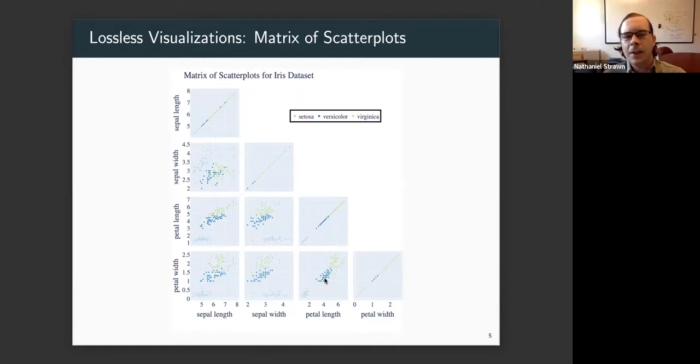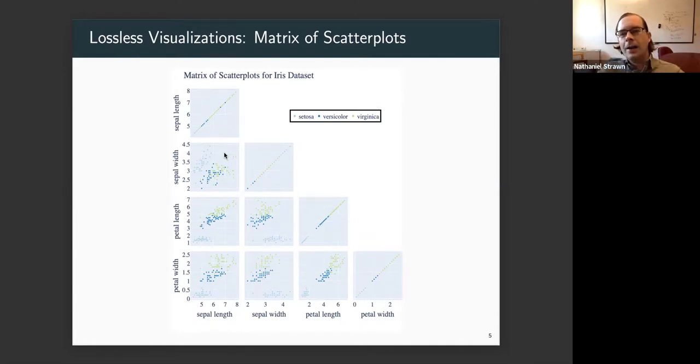The first failing is that if I have a point in one of these scatter plots that corresponds to a data point, how do I know that it corresponds to another point in another scatter plot? There's no contiguity between the points in the different scatter plots, so you can't say, oh, this point and this point are common. Somehow you split the data across.